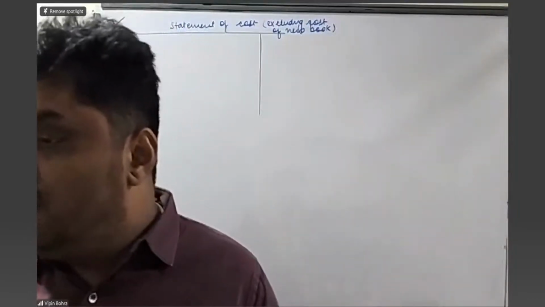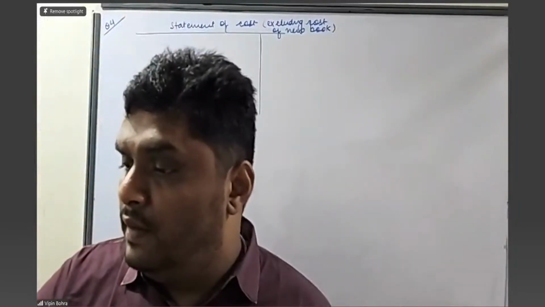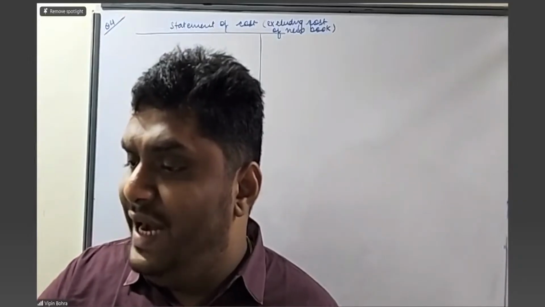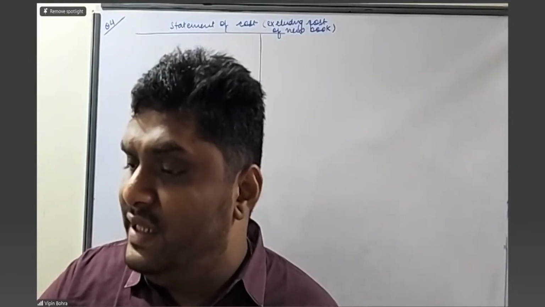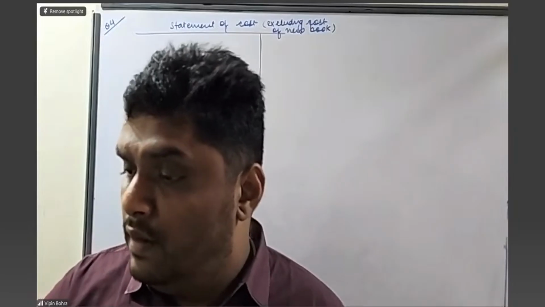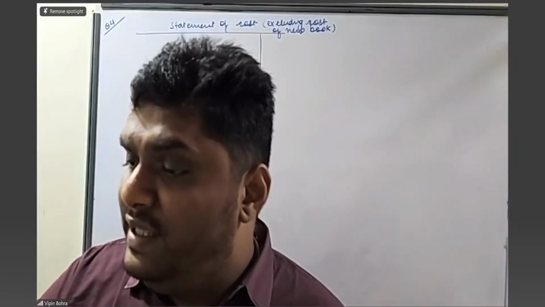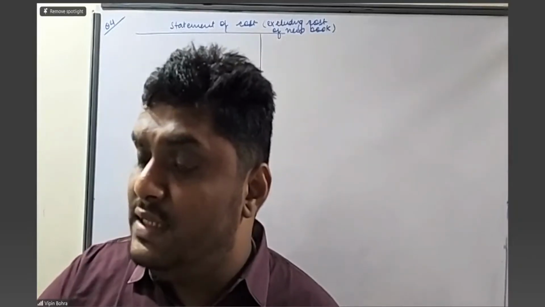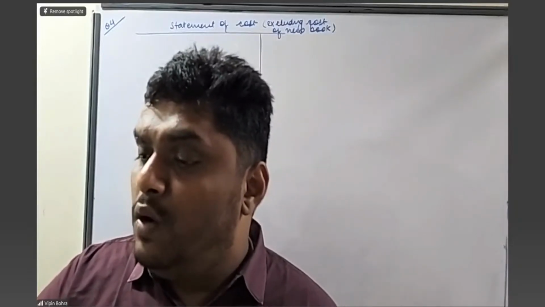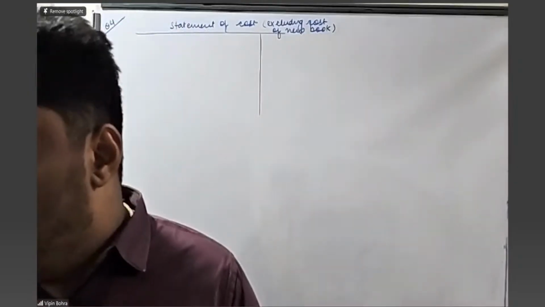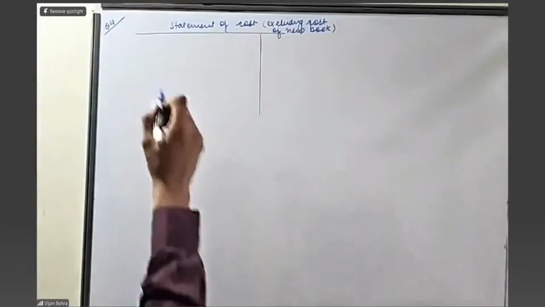So what all costs are incurred? See, the first one is the librarian salary, that is 10,000 per month. Again, we have to prepare the yearly statement because the question is asking for the cost of maintaining the library per year, excluding the cost of new books. So let's start with the salary details.